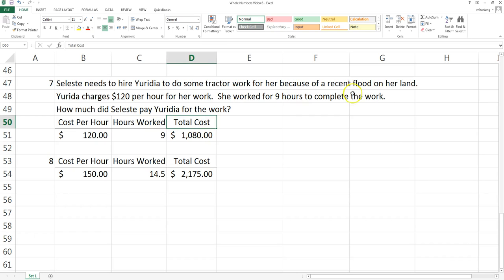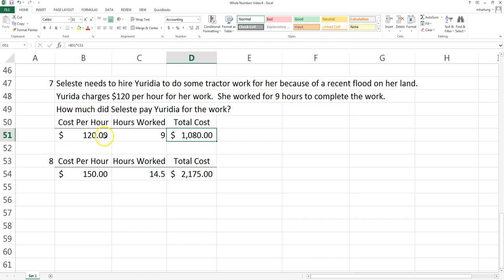And then the problem's asking us, how much did Celeste get paid? So we need some total cost or total pay to give some meaning to these values that we are entering and calculating. So we've got $120 per hour, so we type that in. 9 hours worked. Total cost. How do we figure that out?